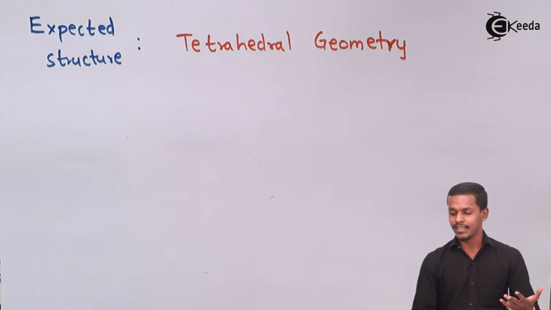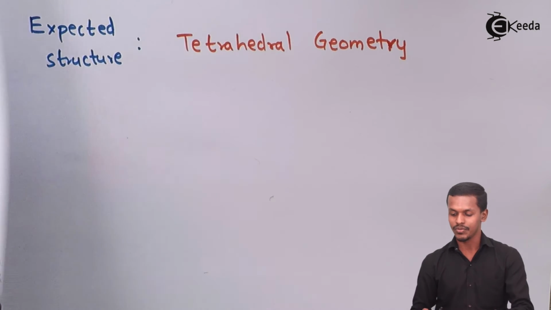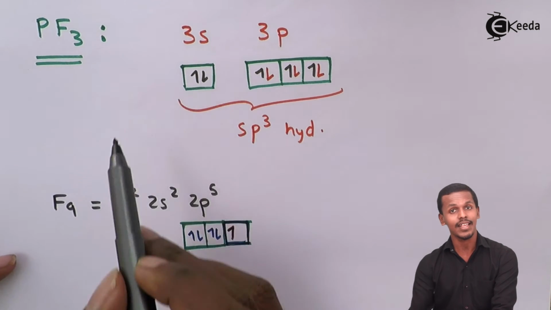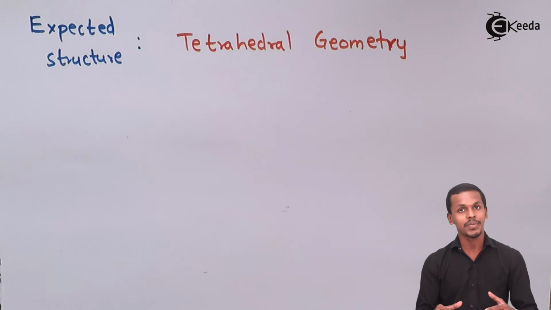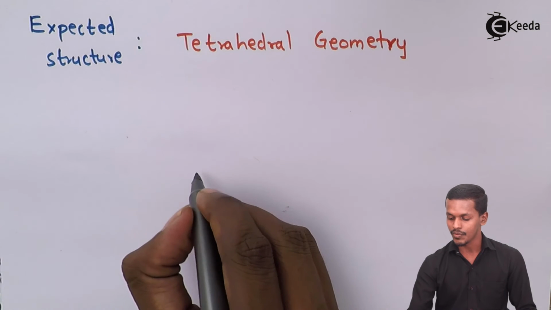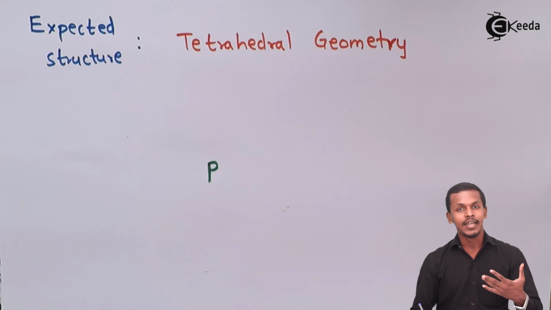Then we know that phosphorus also consists of a lone pair. According to VSEPR theory, that will have an effect on the bonding pairs, and the structure would be changed. So let me talk about this one. Coming back to the phosphorus, this is the phosphorus that we have, and it is making a bond with 3 fluorines.